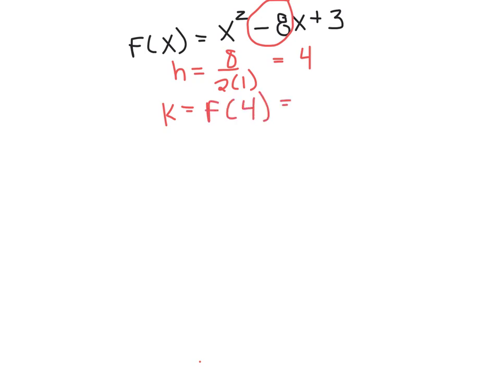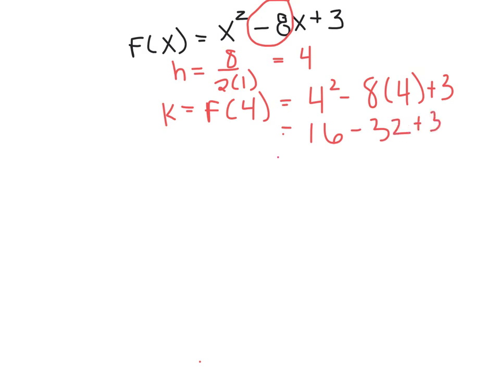I'm going to plug 4 in. That's going to be 16 minus 32 plus 3, which is going to be negative 13. So my vertex is going to be the coordinate 4, negative 13.